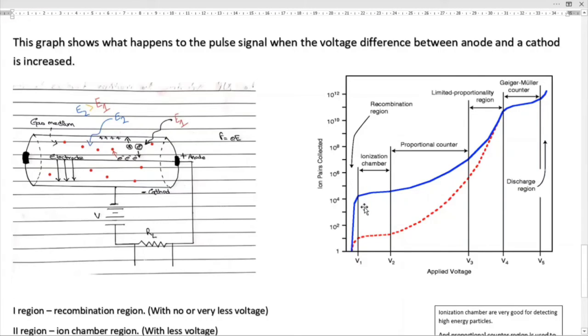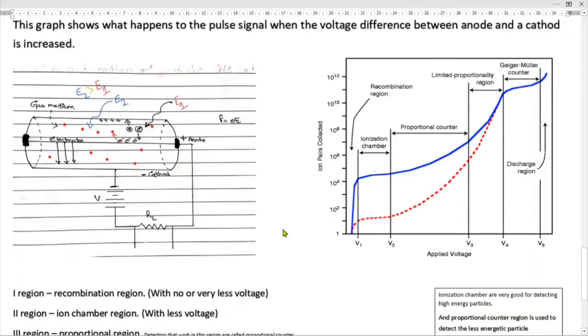But as we increase the potential difference to stop the recombination process inside the gas chamber, we enter the second region called the ionization chamber, where primary ionization starts happening. In the graph we see two lines. The red dotted line represents the first incident energy E1, and the blue solid line represents the second incident energy E2.